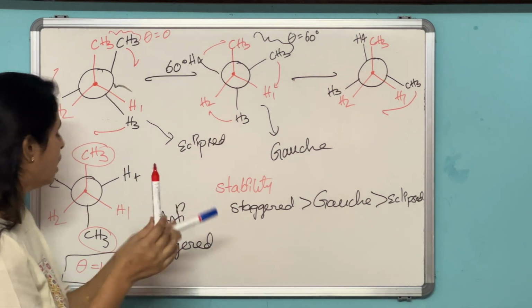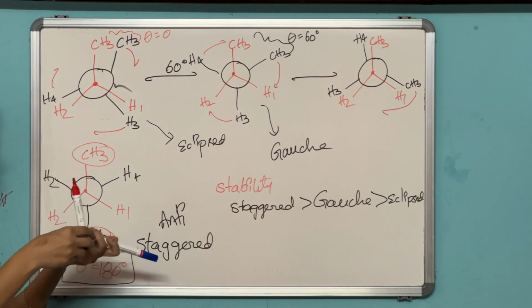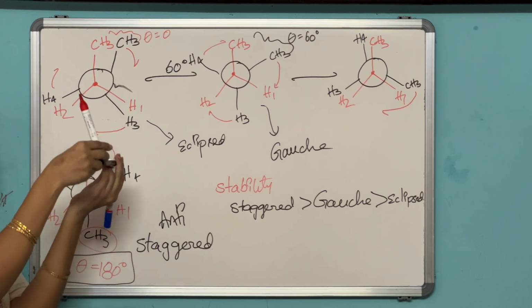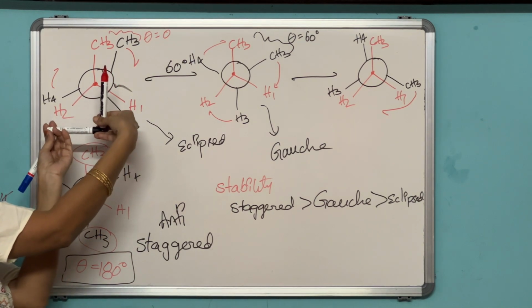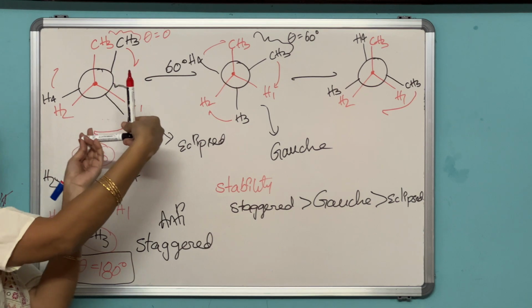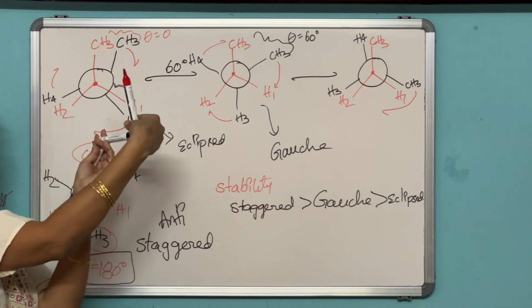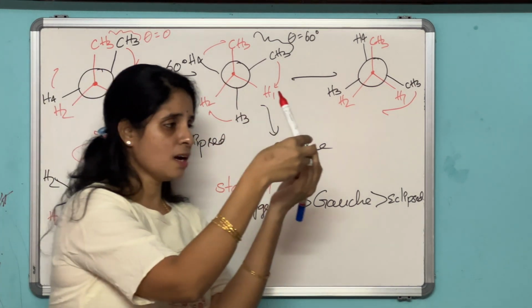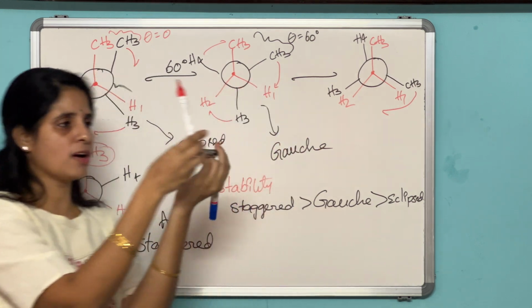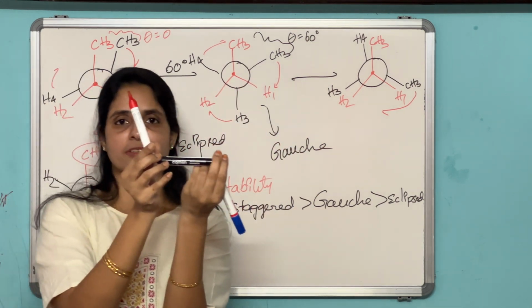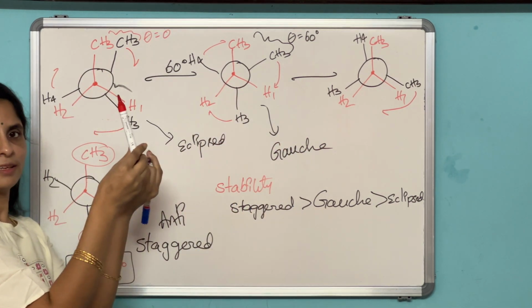And again, look at this one. Here these two are completely spatially far apart like this. So the van der Waals forces of repulsion are essentially zero in the anti-conformation.